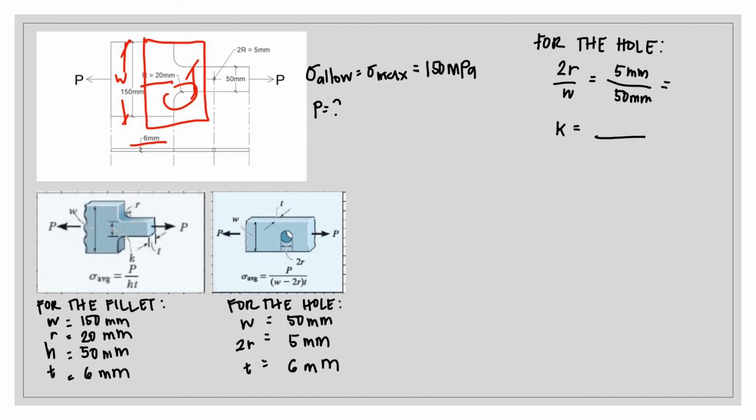And for the part of the hole, we're going to look at this part since the hole is there. Our width would become 50 millimeters. The value of 2R is equal to 5 millimeters, and our thickness is 6 millimeters also.